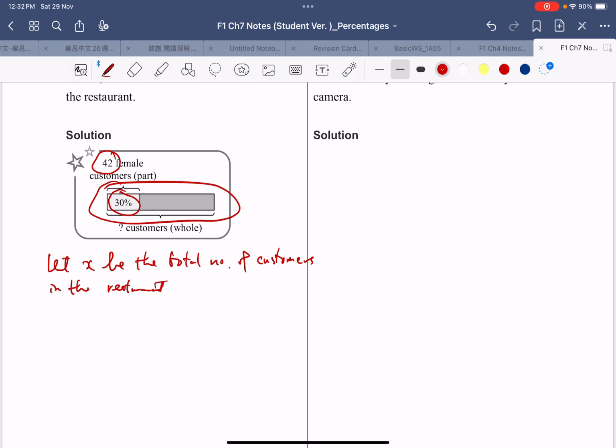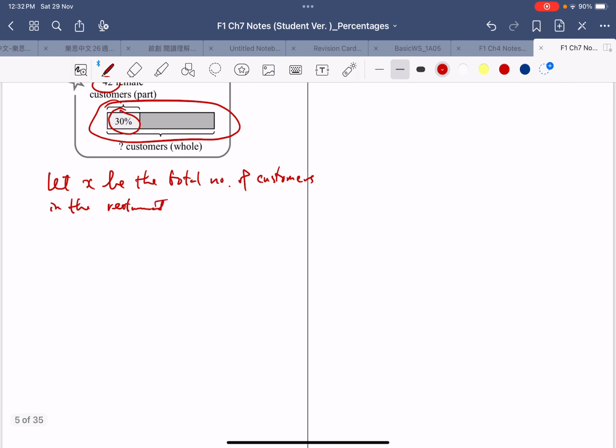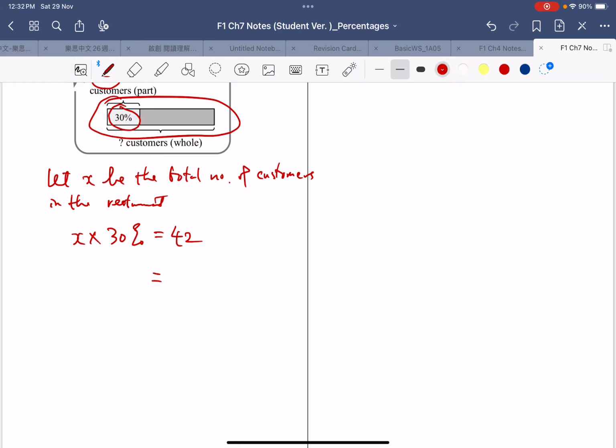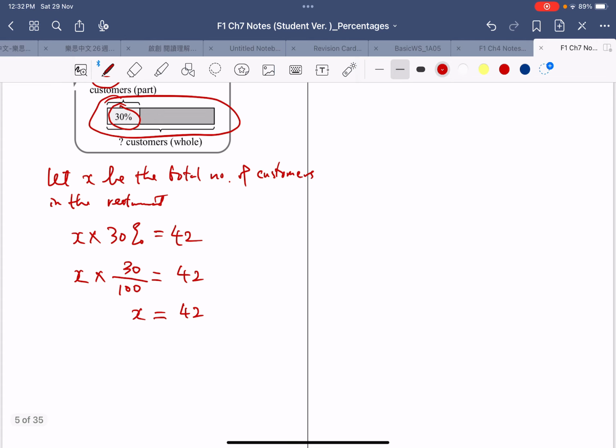Then the equation will be the total number of customers times 30% equal to 42, right? To solve this, always change the percent to a fraction first, and then follow the method for solving equations.